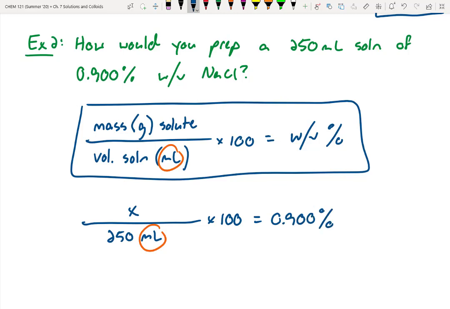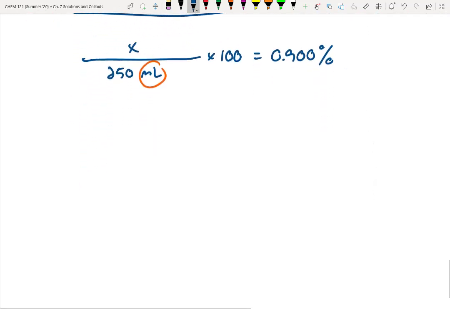And this would be equal to 0.900%. All right, so now let's do some math here. We could say that X is going to be equal to 0.900 divided by 100. That would be my first step. But then we would also want to multiply by 250 milliliters.